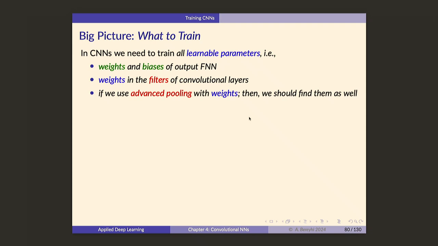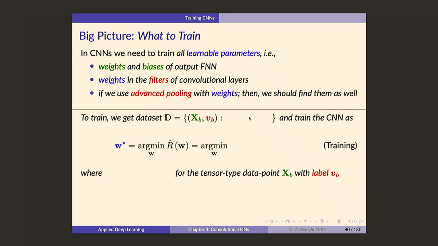And if we have anything in between, like advanced pooling or anything that we add, we could have those weights as well. If you do batch normalization, then the parameters of your batch normalization also show up. So if you look at it very generally, we usually have a dataset of this form.